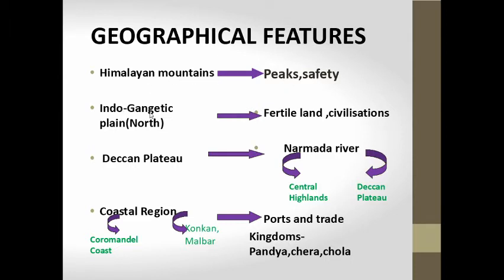Next comes the Indo-Gangetic Plain. This also comes in the northern region. Here we have fertile land because the Himalayan rivers deposit fertile sand here. The Indo-Gangetic Plain was famous for ancient civilizations like the Indus Valley and Vedic civilizations, which you will be studying in the coming chapters.